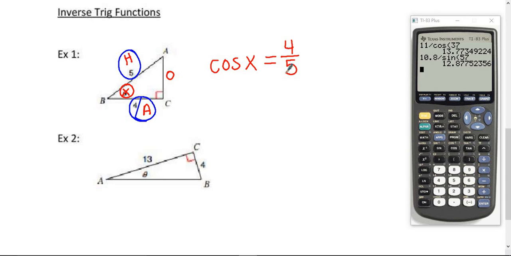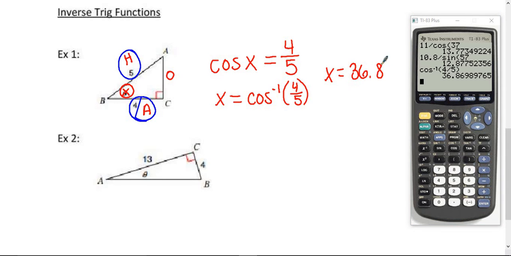So if I need to get to this x, I need to do the opposite of this cosine function, which is an inverse function. So x equals the cosine inverse of 4/5. So if you look right above cosine, it has cosine to the -1. That's what we want to use. So we'll do second cosine of 4/5. And we'll get that angle x is 36.87 degrees.